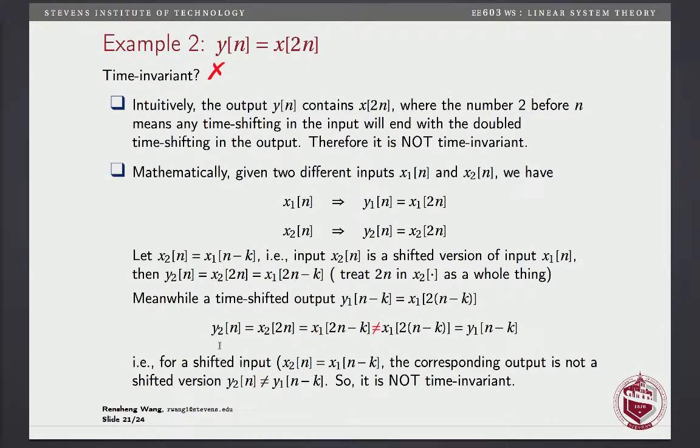Meanwhile, let's think about the time-shifted output y1(n minus k). For this formula, you need to replace every n by n minus k. So you end up with y1(n minus k) equals x1(2 times (n minus k)). Let's compare the shifted output with the output of the shifted input. They are not the same. So this is a time-variant system.